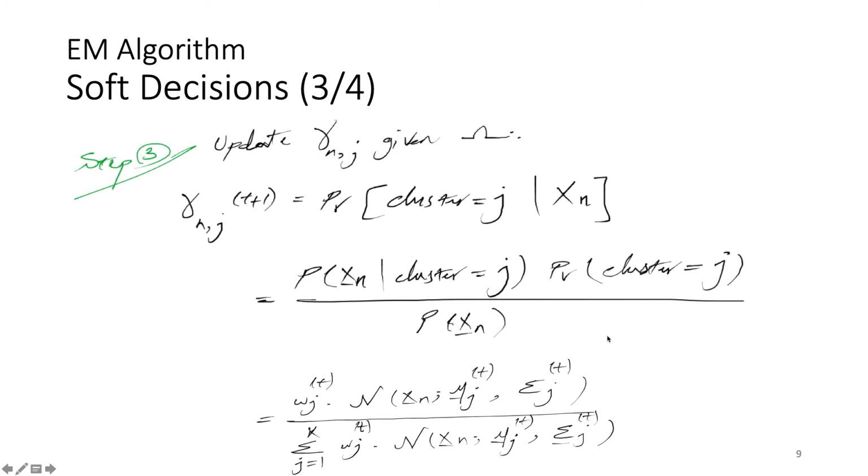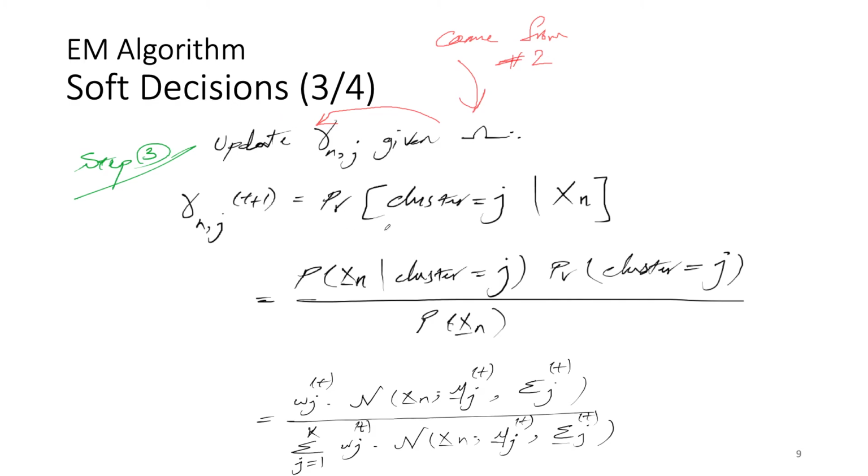All right, now this one came from step 2, your parameters. And now given this, you have to update this, right? So how are we going to update this? The same MAP rule that we got to know last lecture, Bayes theorem.